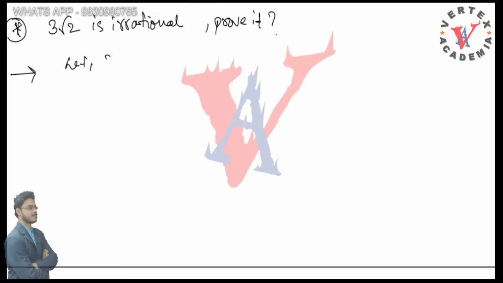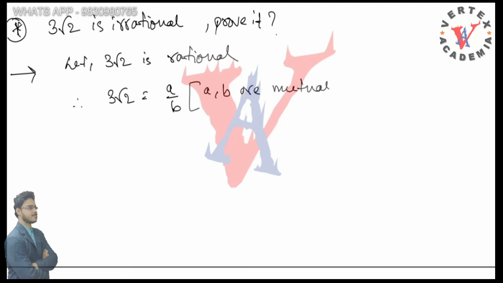Let 3 root 2 be rational. Therefore 3 root 2 is a by b, where a comma b are mutually prime and b not equals 0.